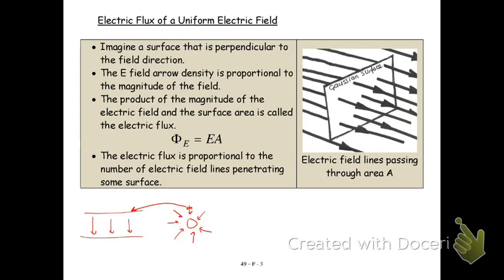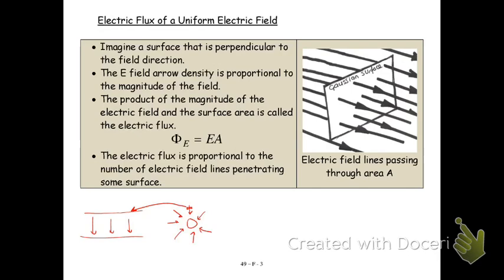How many arrows shall I draw? We're going to eventually decide, but for the moment we're just going to say we're going to do so many. Basically, the more arrows, the stronger the field. Remember, the field line is just the direction that the field points. It's their proximity that tells you how strong or weak the field is.